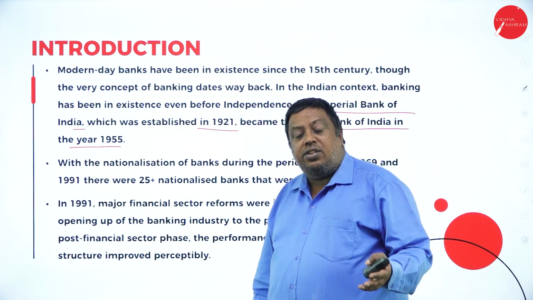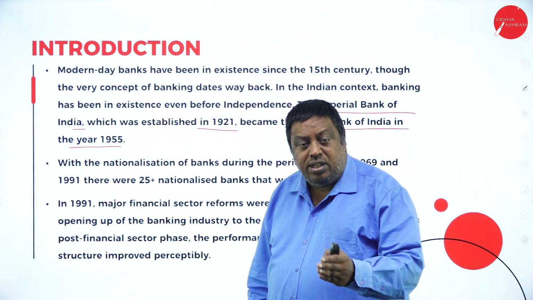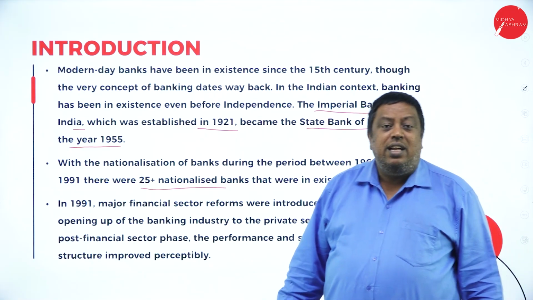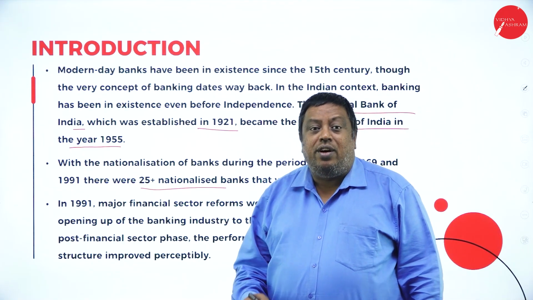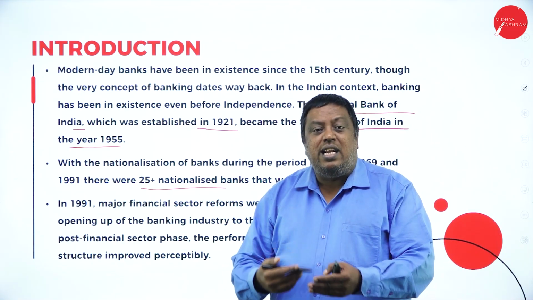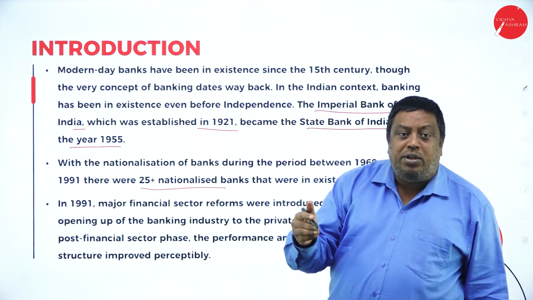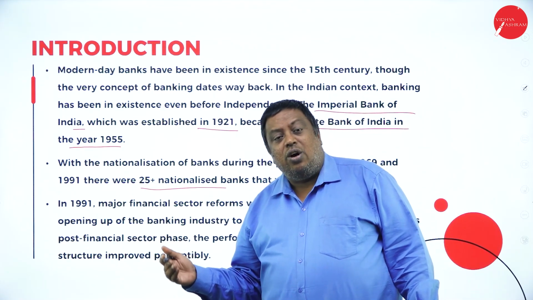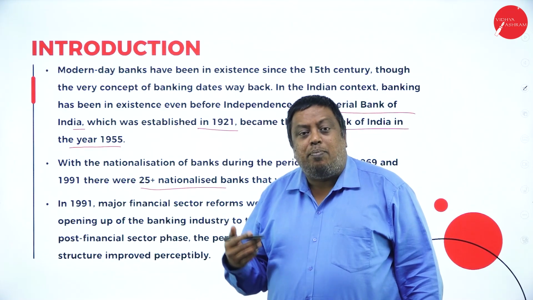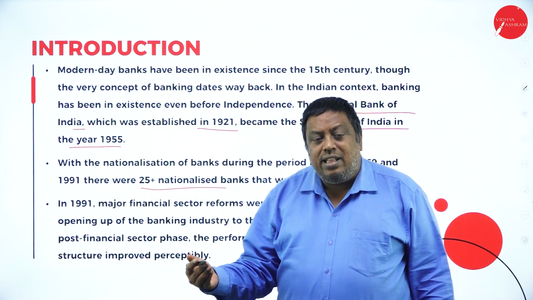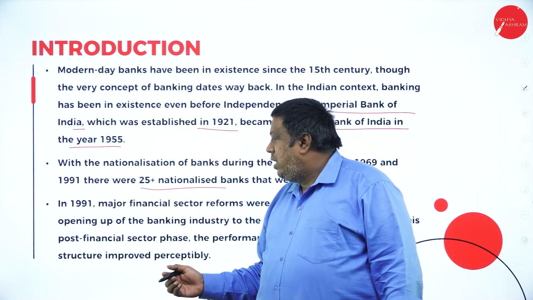Before nationalization, or at the time of nationalization, in our country we had more than 25 banks which were controlling the financial aspects of the country, guiding and supporting investors and the public with finance whenever they required, for whatever purpose. They were guiding and assisting in all areas.